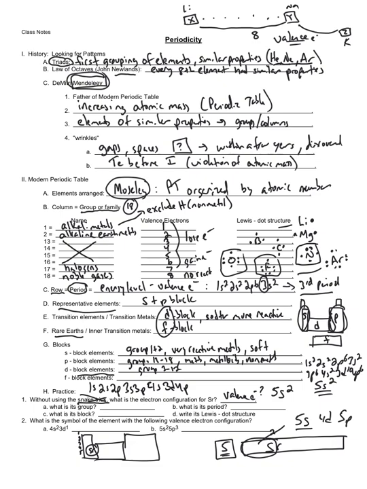So what group is it in? It is in the second group, or group 2, because it has got 2 valence electrons. Okay? What period is it in? It's in the 5th period because it's in the 5th energy level, or the 5th horizontal row in the periodic table. What block is it in? It's in the S block because, again, the valence electrons are in the 5s orbitals.